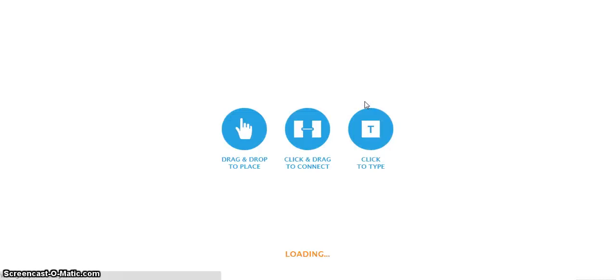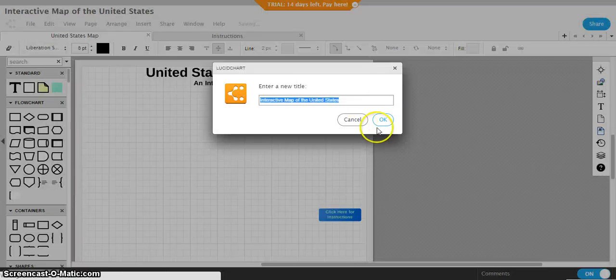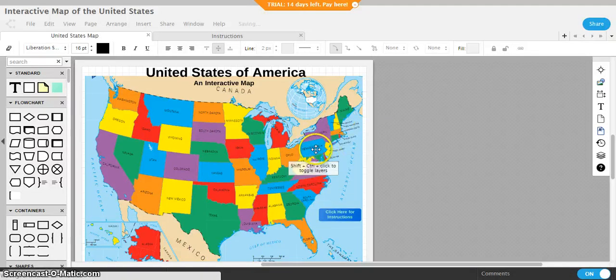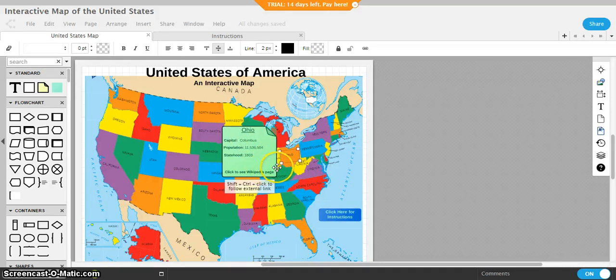So here's one for social studies, an interactive map. You have a map of the United States that is going to come up in a moment, and you're able to click on different states and information pops up. As I toggle over some of these different states, it has directions to tell me to hold down shift and control and then click on that state, and then we have information that pops up.